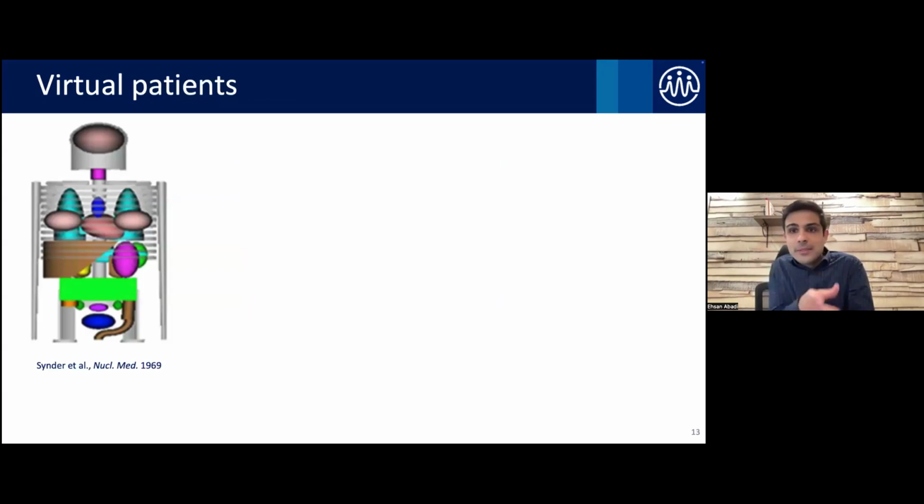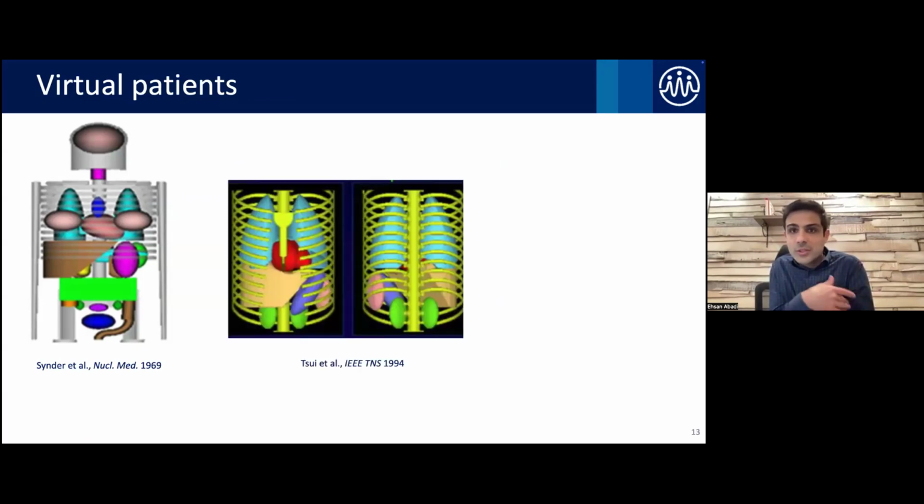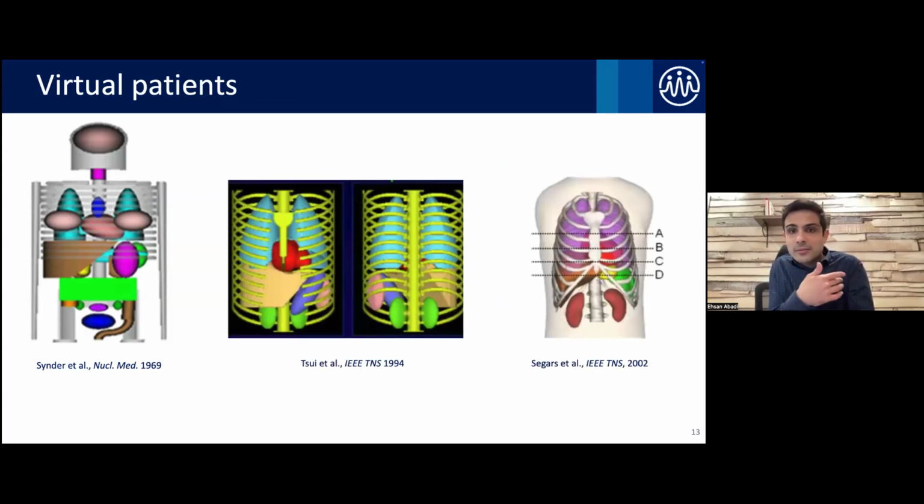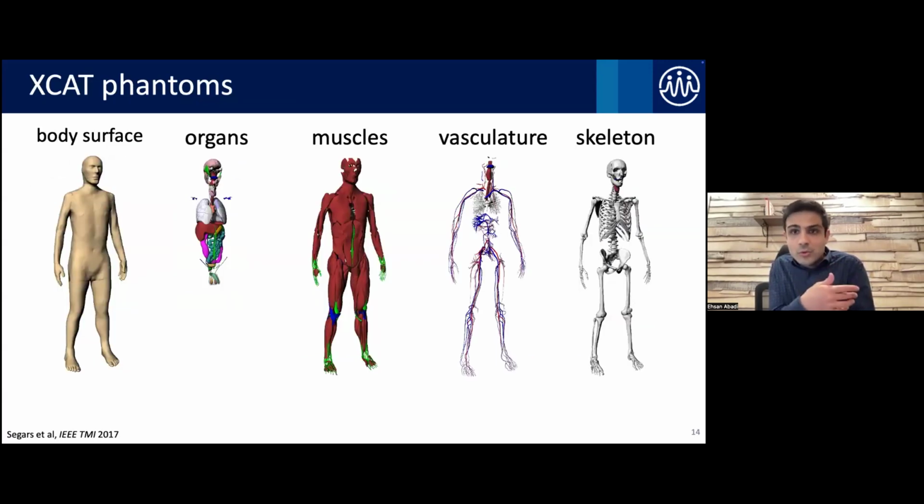Virtual patients have been developed for more than 50 years now. Many researchers have worked on this over the years, and these phantoms have been getting more and more anthropomorphic. One of those groups is us, working on creating what we call XCAT or extended cardiothoracic phantoms. These phantoms are patient specific.